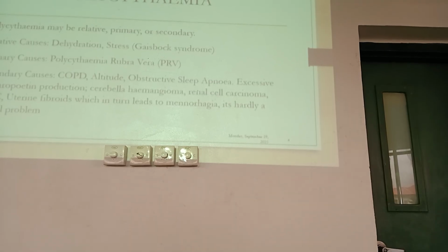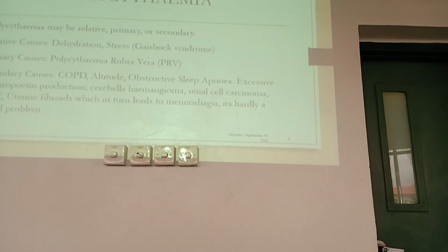We see a lot of children with congenital heart disease whose PCV is 80%, 90% because of the cyanosis and hypoxia.